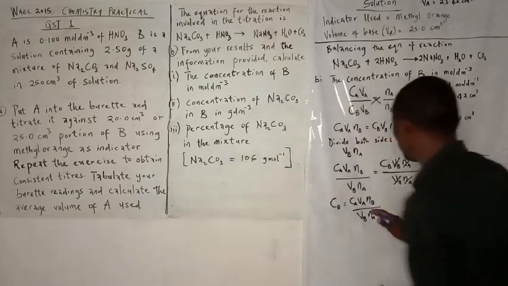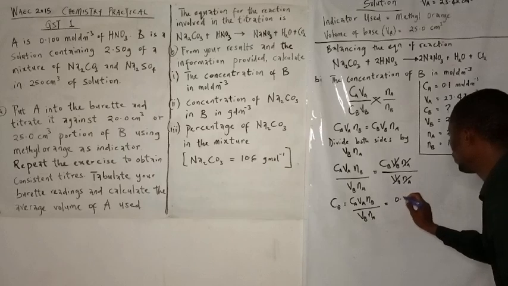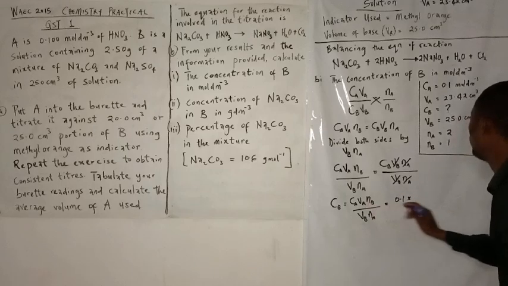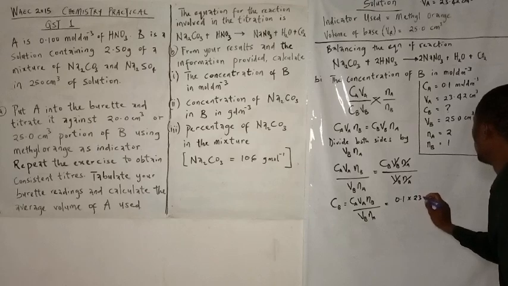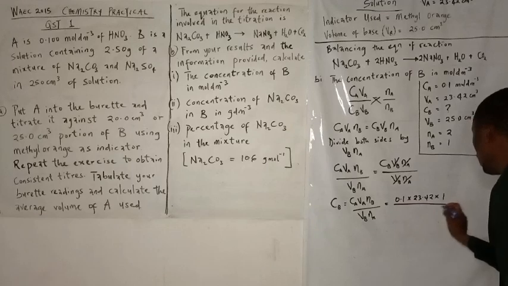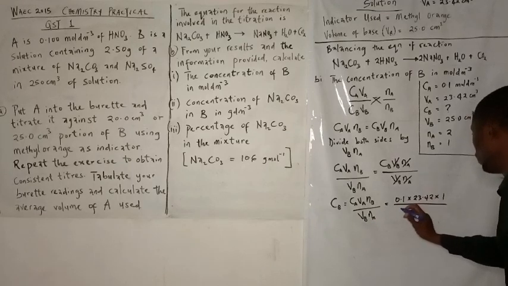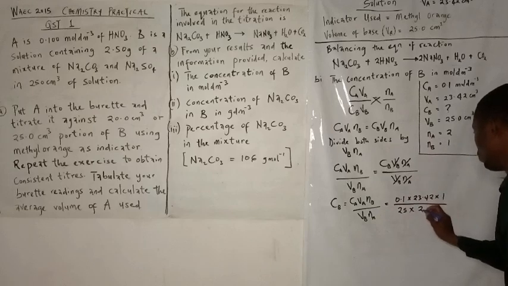And if we substitute directly, this will be equal to, our Ca is 0.1 times our Va is 23.42 times our Nb is 1 all over our Vb is 25 times our Na is 2.